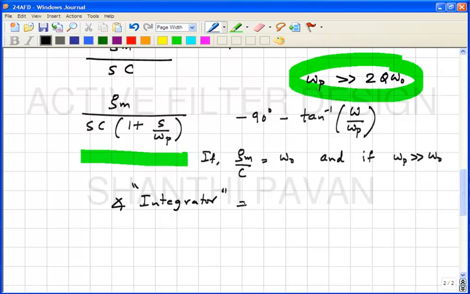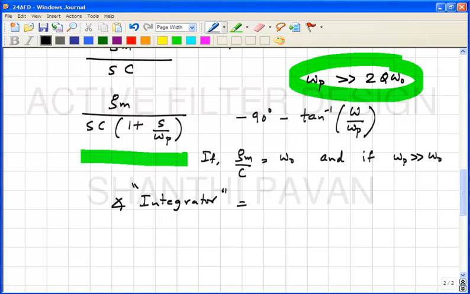Then, if omega p is much larger than omega naught, then the angle of the integrator, I am putting this integrator in quotes because this is not an ideal integrator. There is some small amount of delay in the integrator, but let's just stick to this terminology.